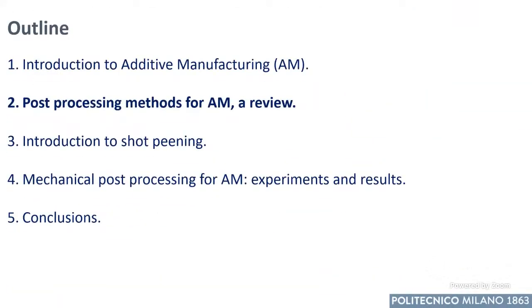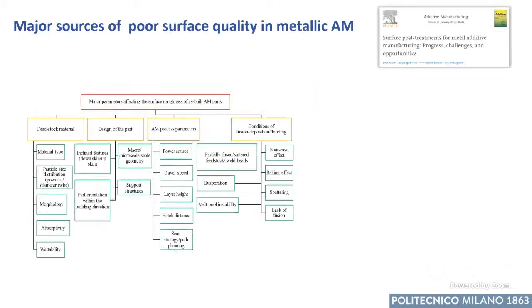So we need to post-process, and starting from what? We can start from the definition and the assessment of the possible parameters that affect the surface quality of the as-built AM part. So we have many factors: feedstock material, with the material type and the morphology and so on. Also, the surface can be affected by the initial design of the part.